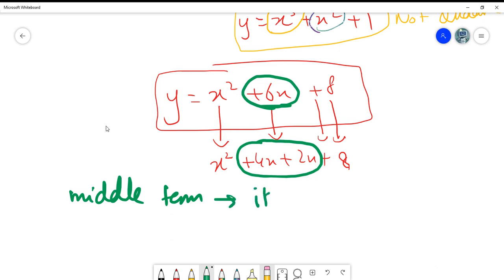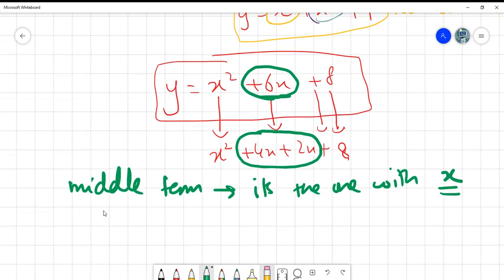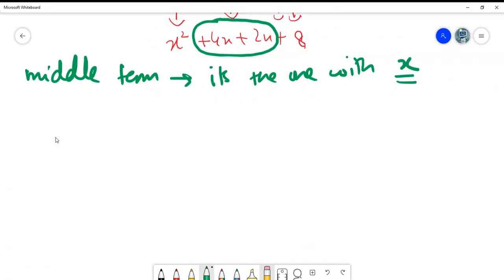It's the one written with x. So we have to break the middle term in quadratic factorization. In the above example, you saw that I broke 6x into 4x plus 2x because that gave me 8.